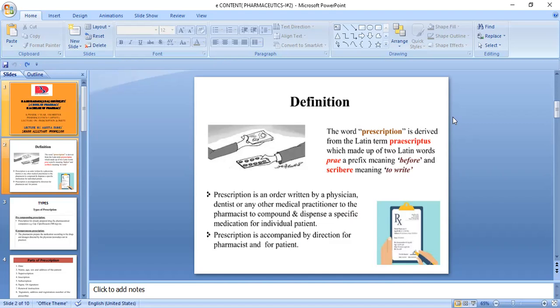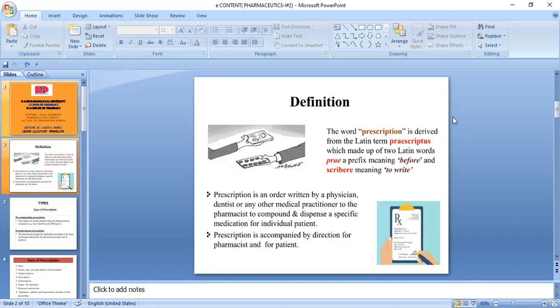The word prescription is derived from the Latin term prescriptus, made up of two Latin words, prae meaning before and scribere meaning to write. Prescription is an order written by a physician, dentist, or any other medical practitioner to the pharmacy to compound and dispense a specific medication for an individual patient.